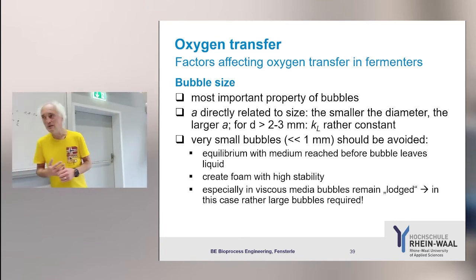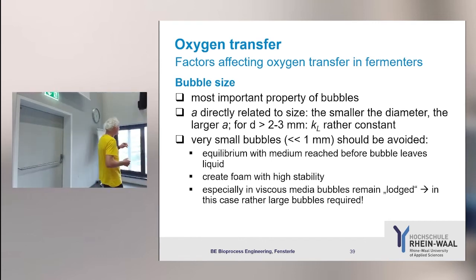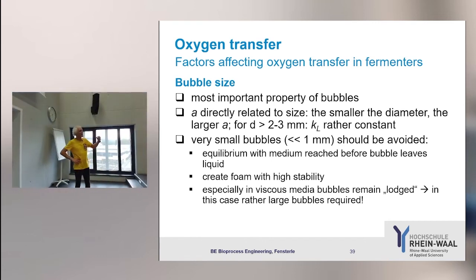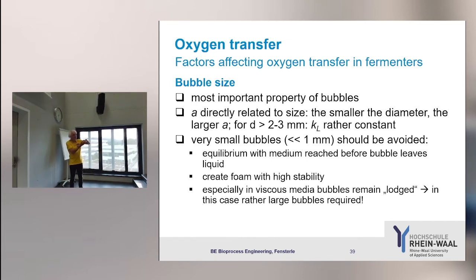However, the problem with small bubbles is, if I have a very small bubble, I sparge it into the bioreactor, then the oxygen is immediately transferred, but this bubble is still in the reactor with the nitrogen. So it's a useless bubble in a reactor. Makes no sense. So I want to optimize also the residence time of this bubble in the reactor, so that it starts to transfer oxygen from the downside, and when it leaves, it's ready.